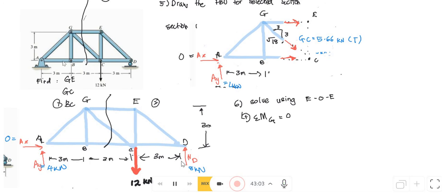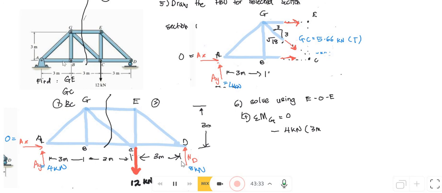Now we start with AY, clockwise. Because we assume counterclockwise is positive, for AY we put negative 4 kilonewton, right? Okay, don't forget that because we calculate the moment, don't forget to include the distance.